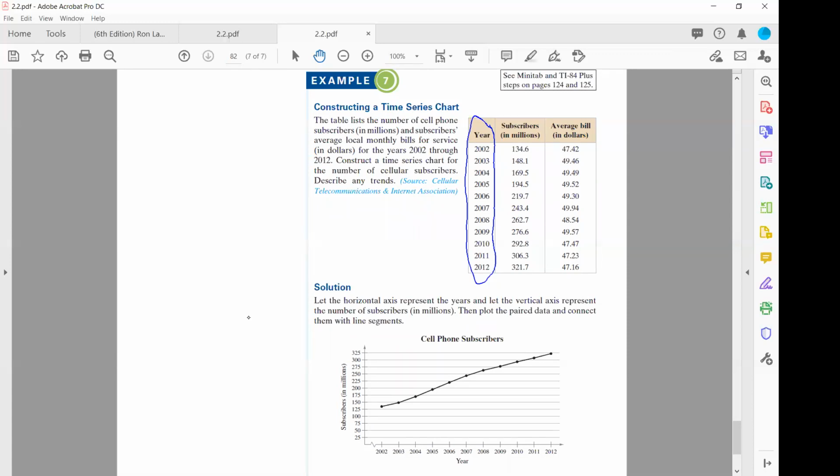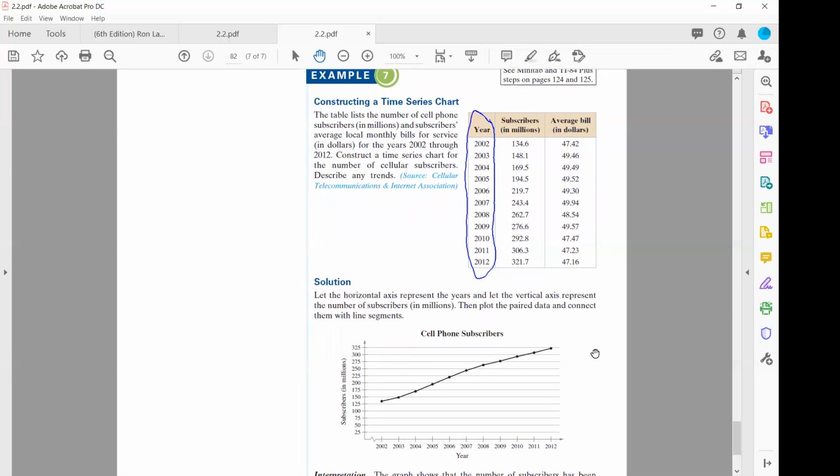On the horizontal axis, you have your time, which in this case is in years. And on the vertical axis, you have the subscribers. You can use a different color to form the last column related to each year.